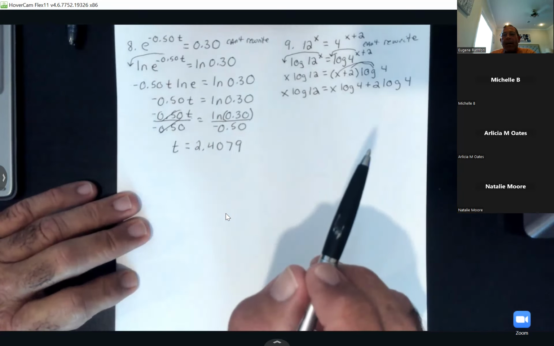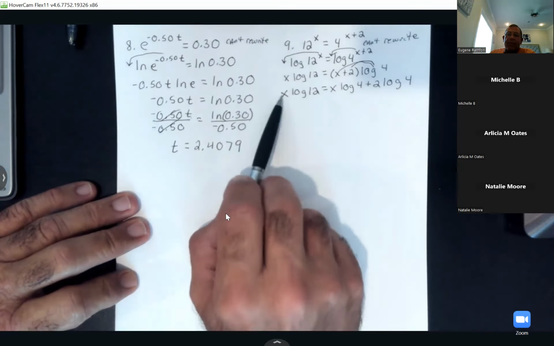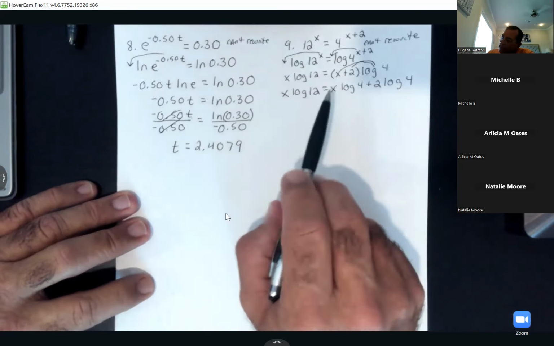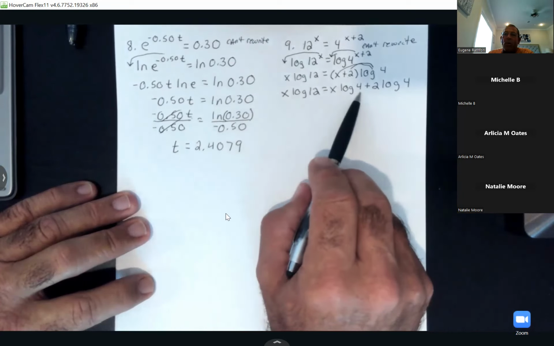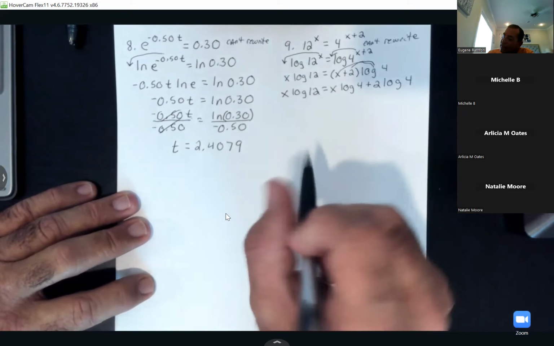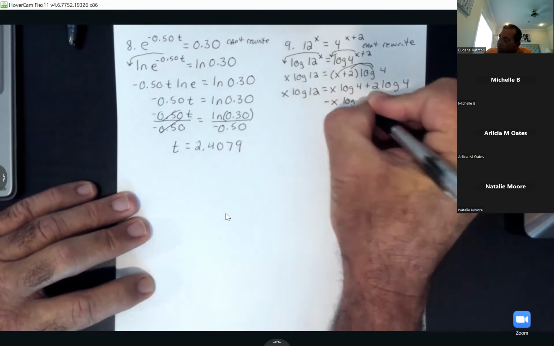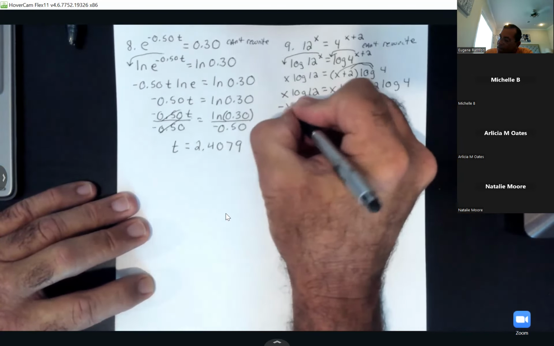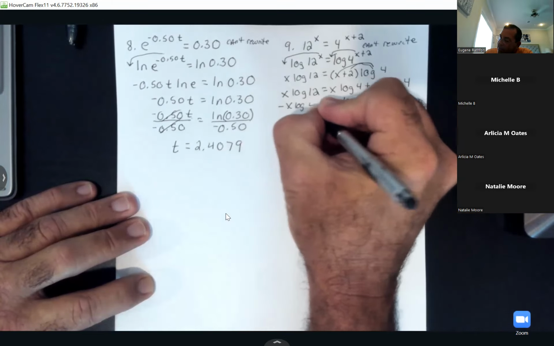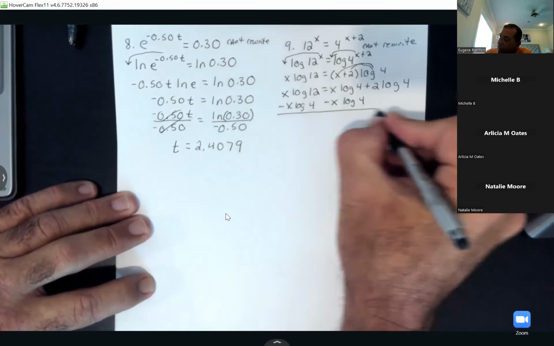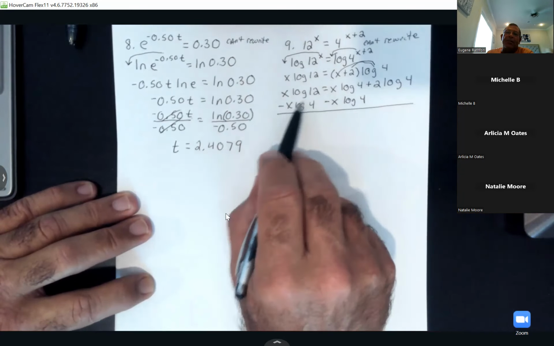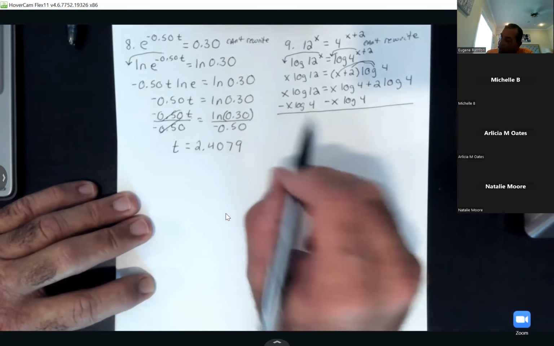Y'all, you know what I want to do next? I need all these x's over here. So I need to move this x log 4 to the other side. So we're going to subtract x log 4 from both sides. Now, I really can't subtract them at the moment because they're not like terms.